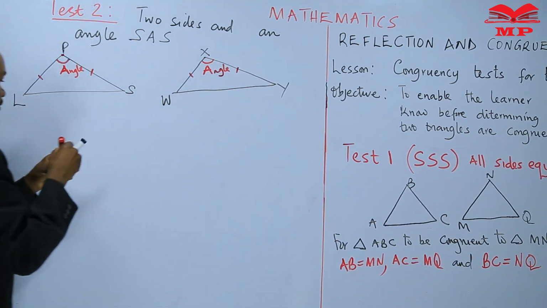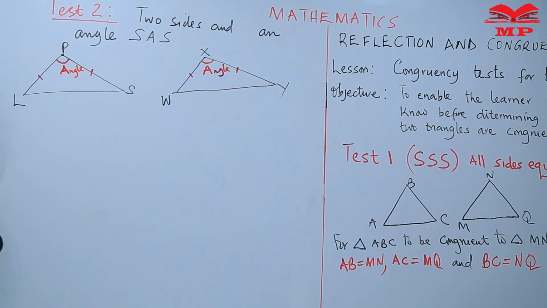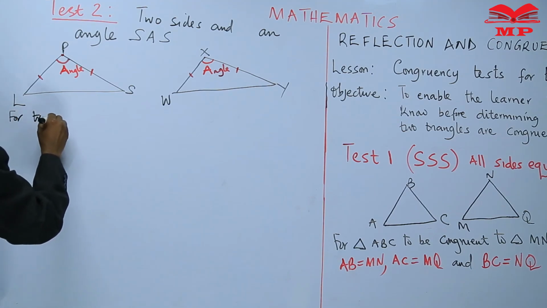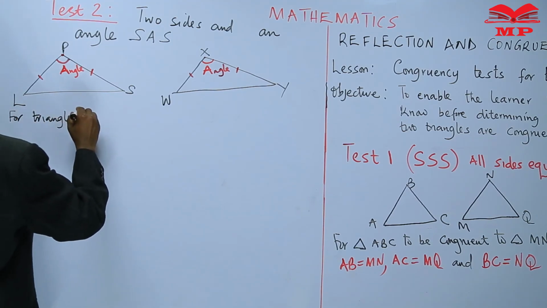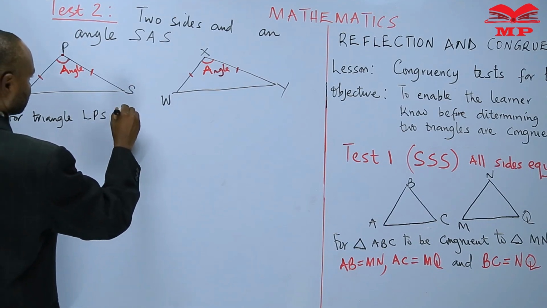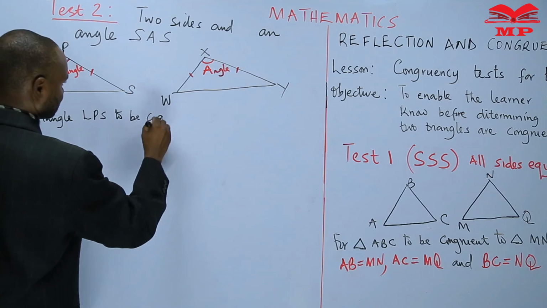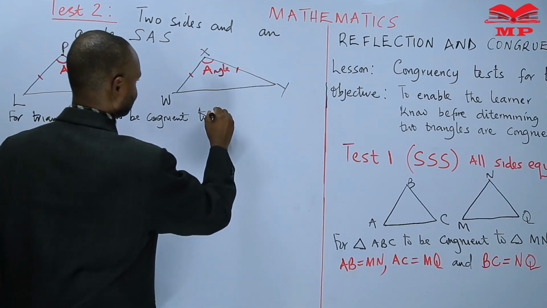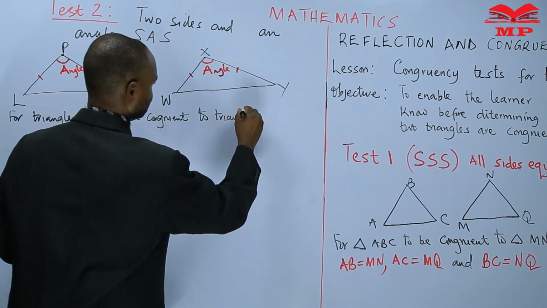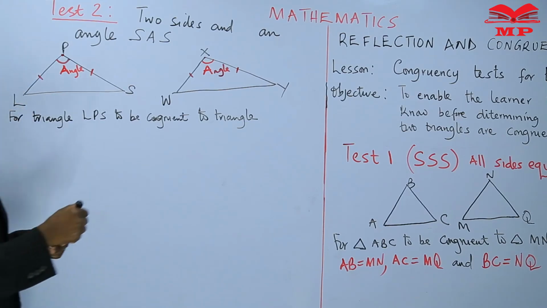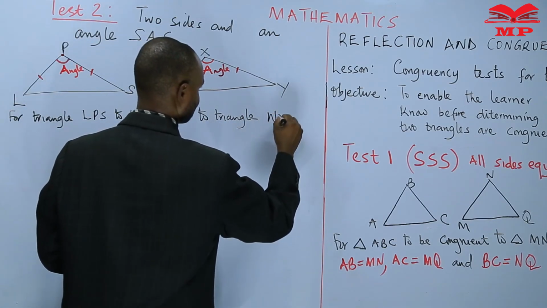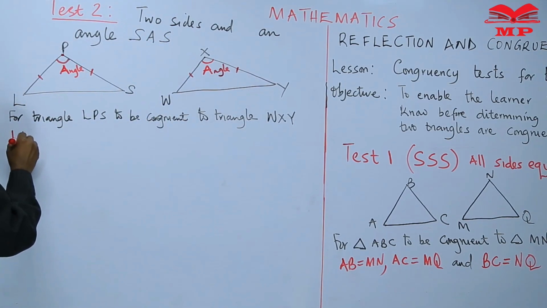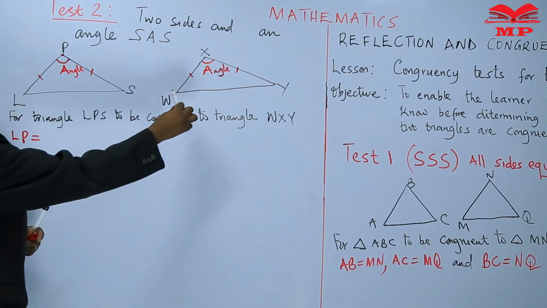So for triangle LPS to be congruent to triangle WXY, you say LP should be equal to which corresponding side?